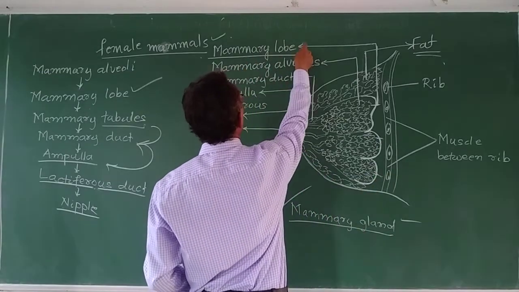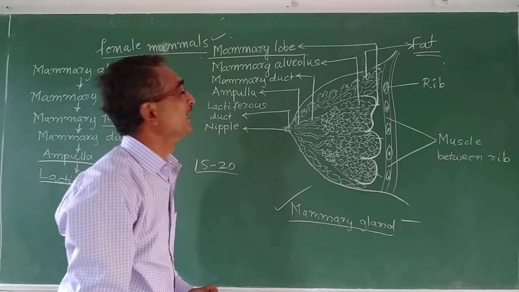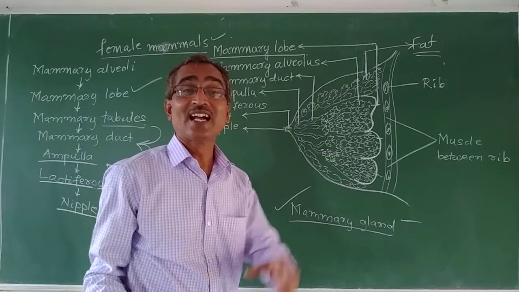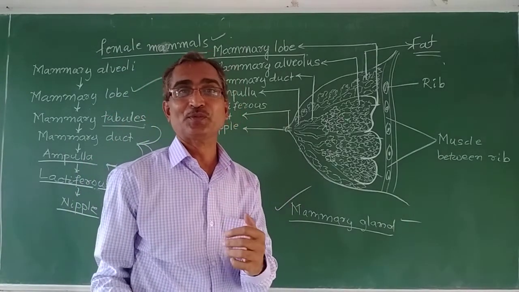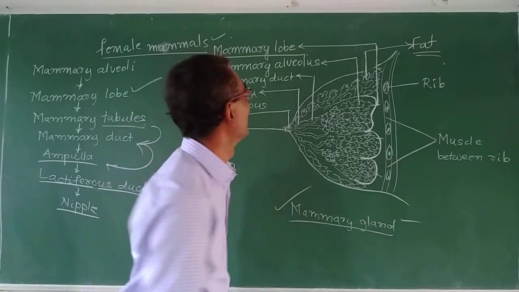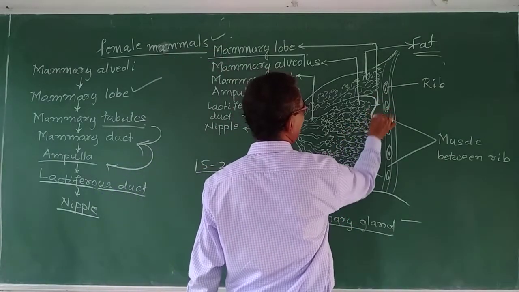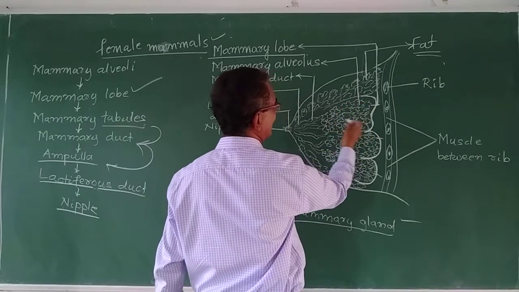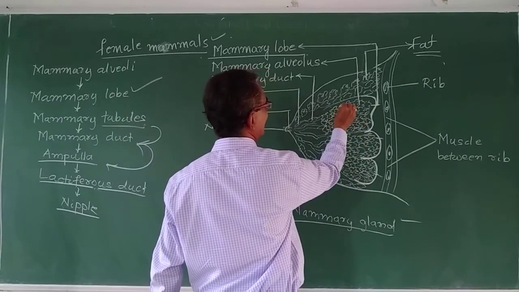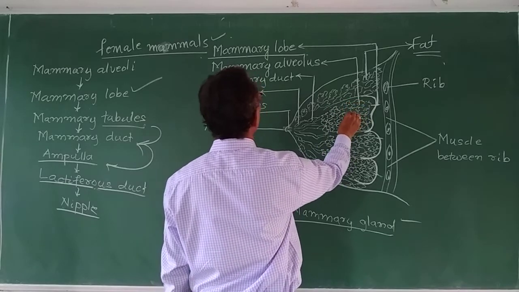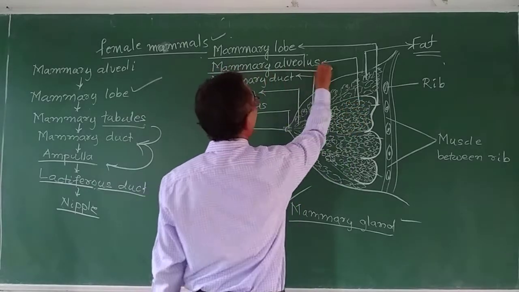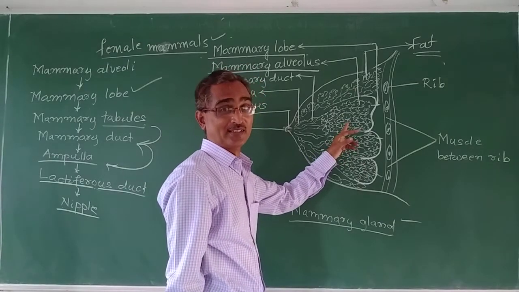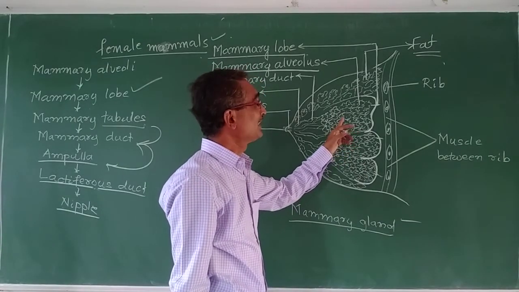These mammary lobes contain a cluster of cells, which are called alveoli. In this lobe we have a cluster of cells, and cluster means a group of cells. These are known as the mammary alveoli.